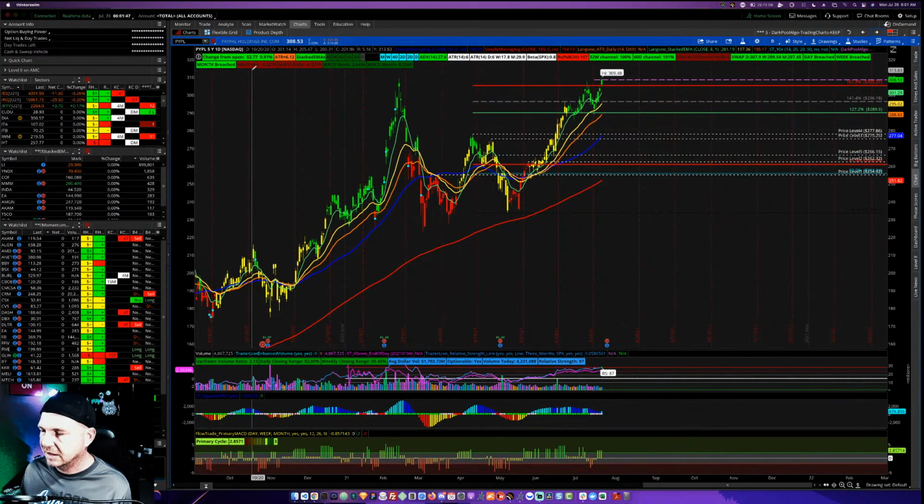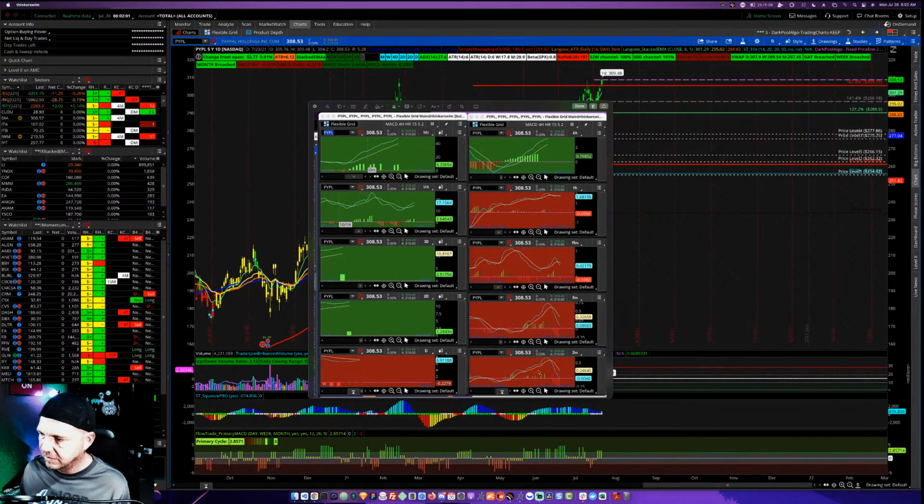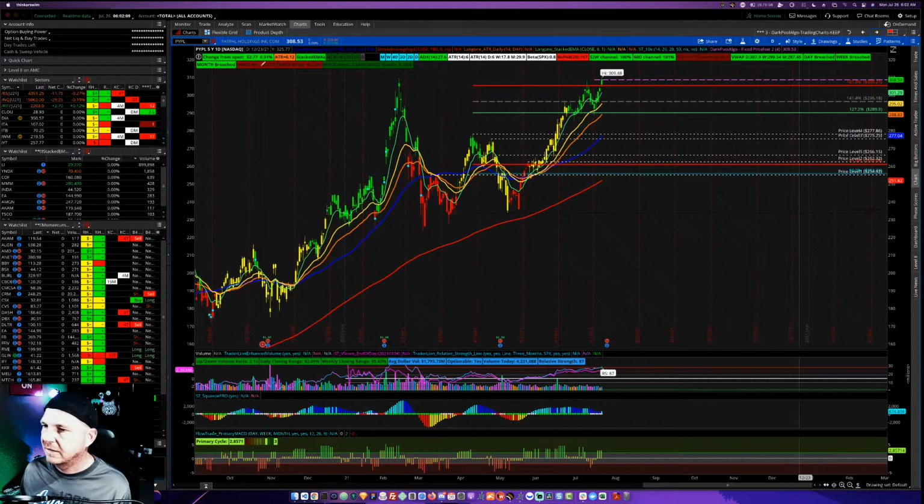Lower time frame MACDs, which would be basically our 2-minute to 1 hour, are looking pretty heavy. That's just for our lower right-hand side. So like I said, that may just be that pullback needed for support before we continue to move to the upside. Let's just check out.